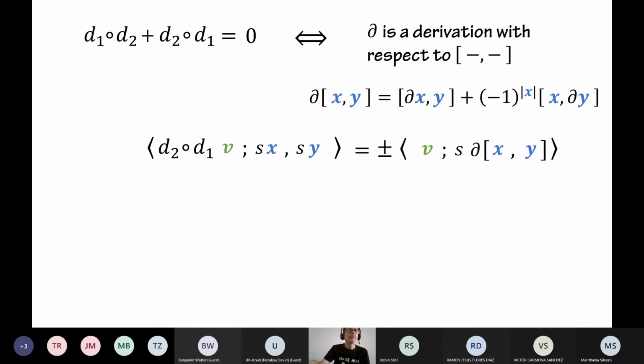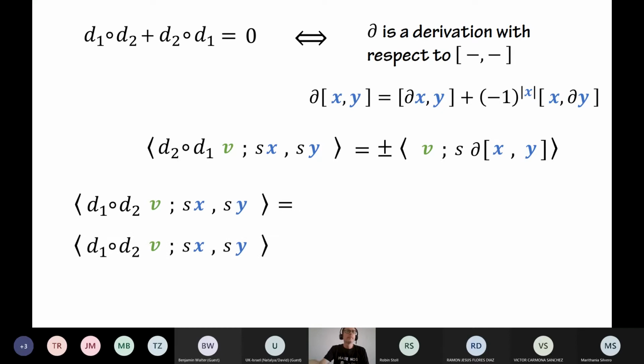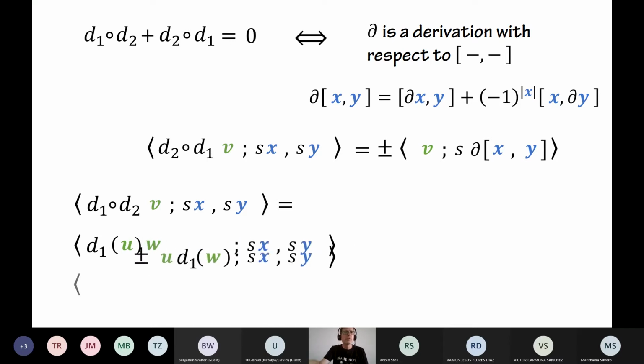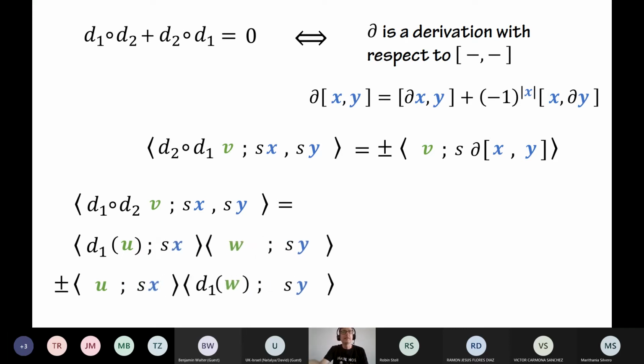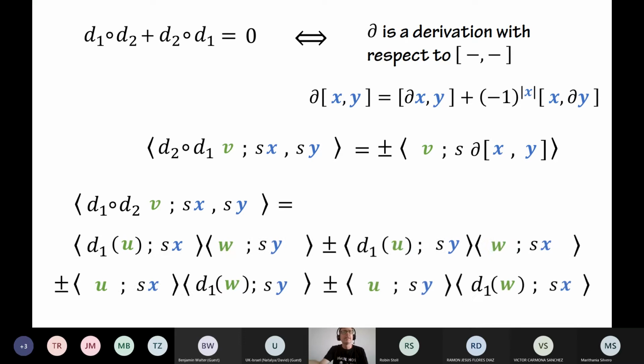The first term is harder to work with because first we have to use that D2 of V is an element of word length 2. And now recall that D1 is a derivation with respect to this associative product. Now we split this in two parts and recall the definition of this extension of the pairing, which has these terms.